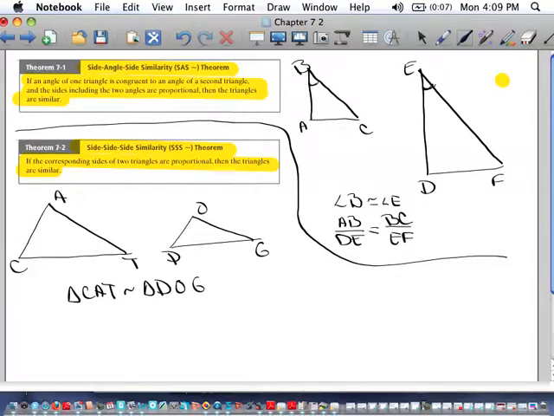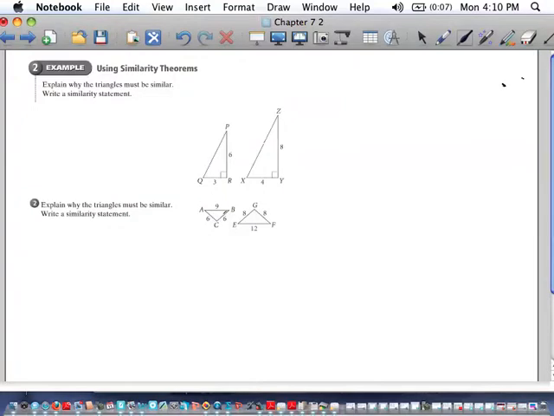By side, side, side, that means that the ratio of CA to DO is the same as the ratio of AT to OG, as CT is to DG. So by side, side, side similarity theorem, we can say those two triangles are similar. They have congruent angle measures and their sides are proportional.